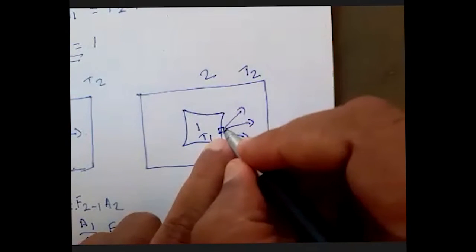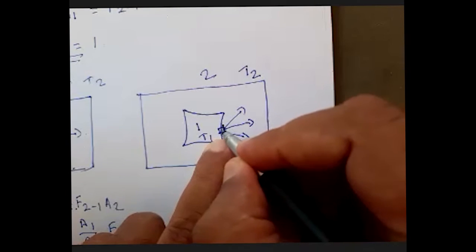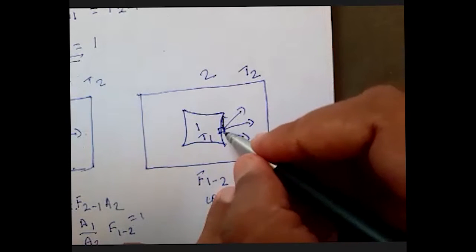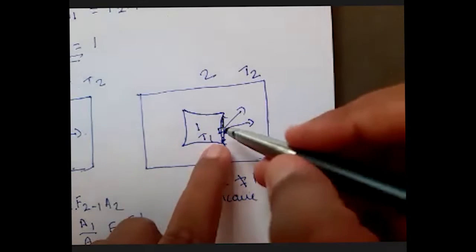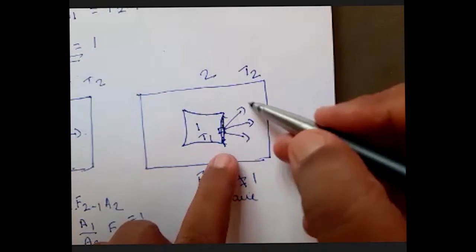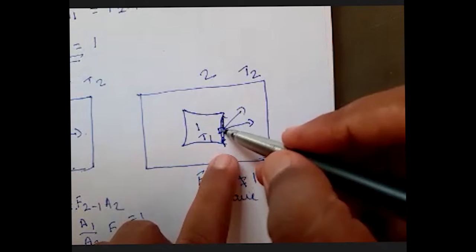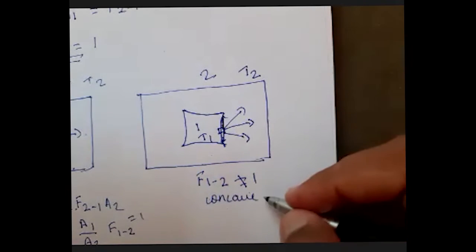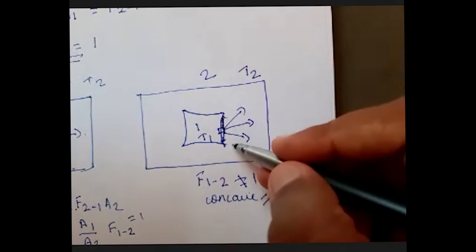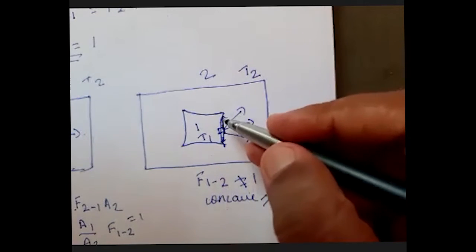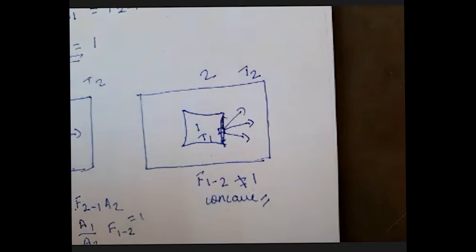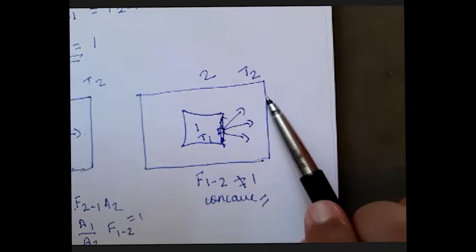Because some part of the radiation emitted by this surface is going back to surface 1 only. Whatever is emitted in the hemispherical direction, some part of the radiation goes back to surface 1 itself, because of its concave nature. So all the radiation emitted by surface 1 is not intercepted by surface 2.